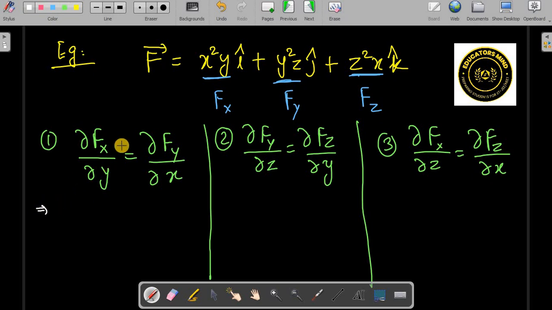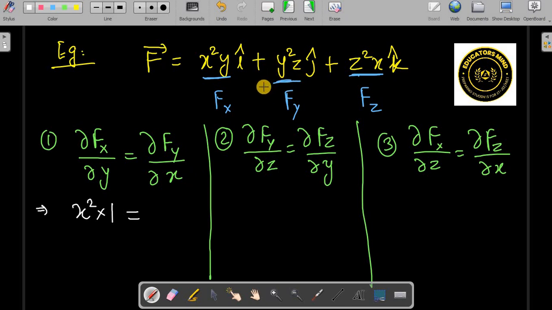Here the left hand side Fx is x square y. Partial differentiation means that when you differentiate Fx with respect to y, y is the only variable. So x square is constant and comes out, and differentiation of y with respect to y is 1. Now let's take Fy with respect to x. Fy is y square z, so you are differentiating y square z with respect to x.